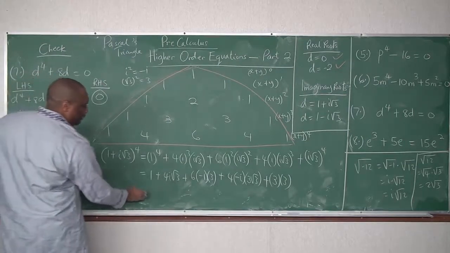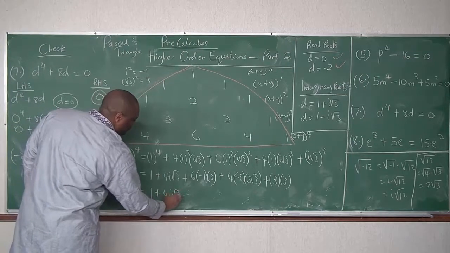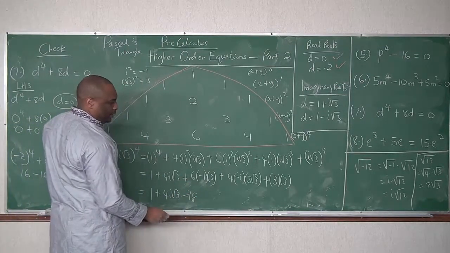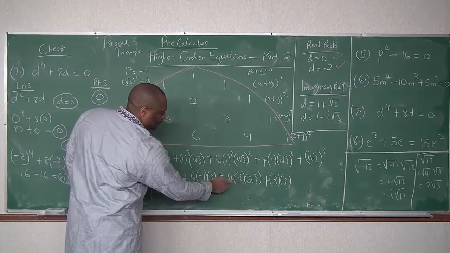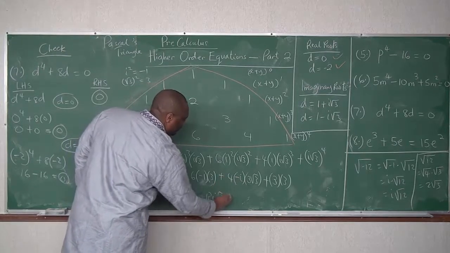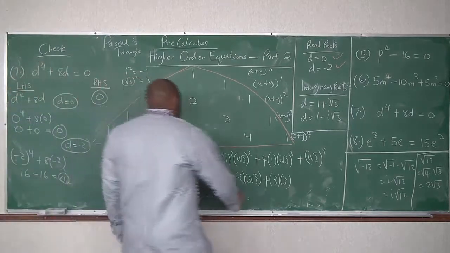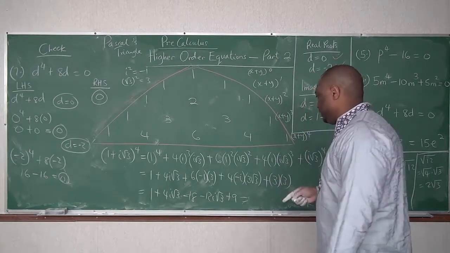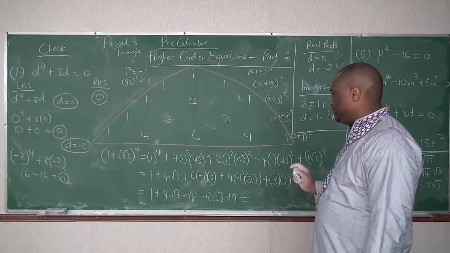So this will be what now, folks? 1 plus 4i root 3, minus 18, minus 4 times 3, 12i root 3, plus 9. So what do I have here? 1 minus 18 is minus 17.